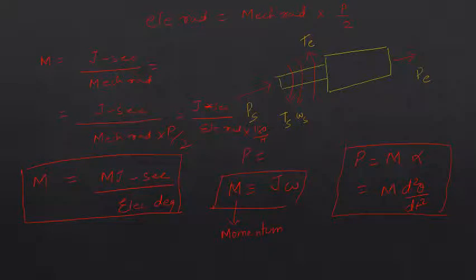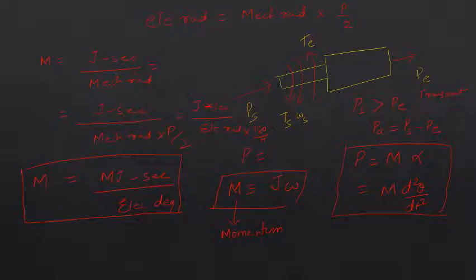Okay, so this momentum is the major factor for your acceleration. Suppose your machine has more mechanical power than electrical power. For a small period of time, that is called the transient period, there will be acceleration of power, right? Pa. So Pa I can express as Ps minus Pe. Now what happens if you have more mechanical power?